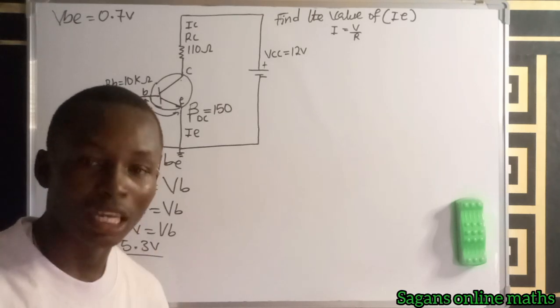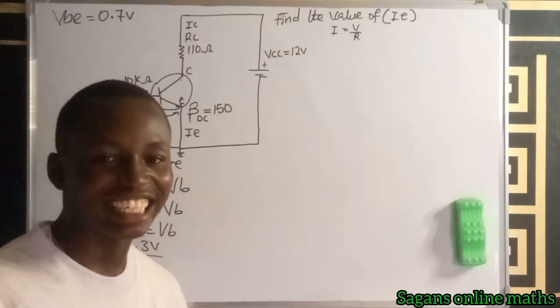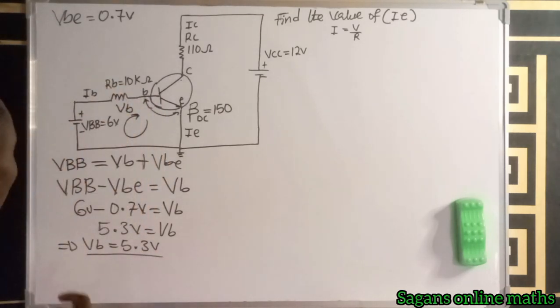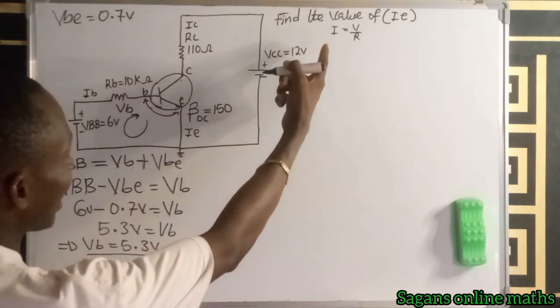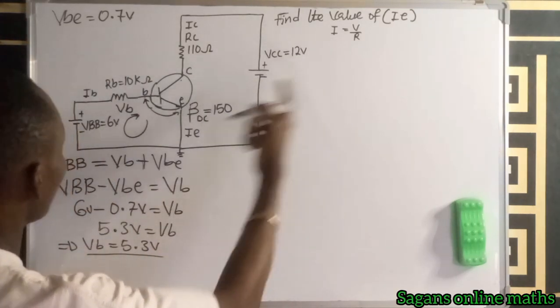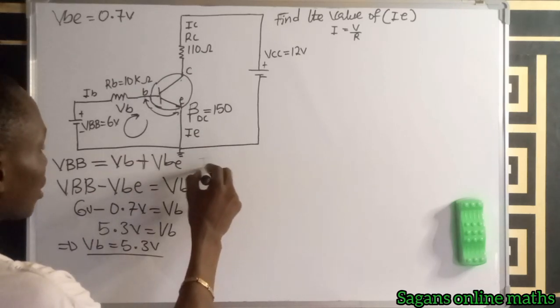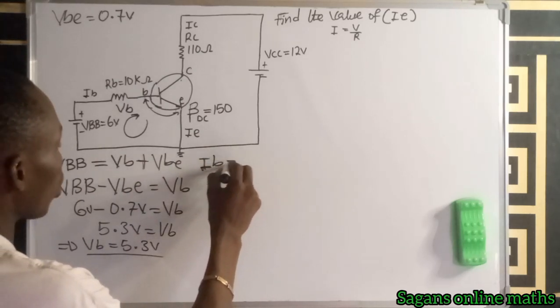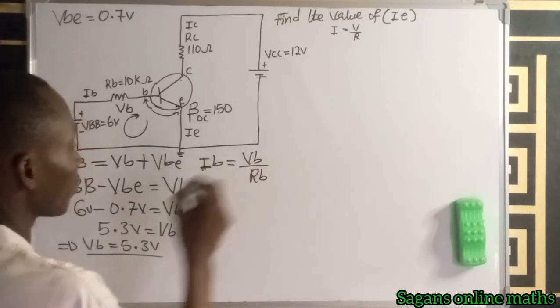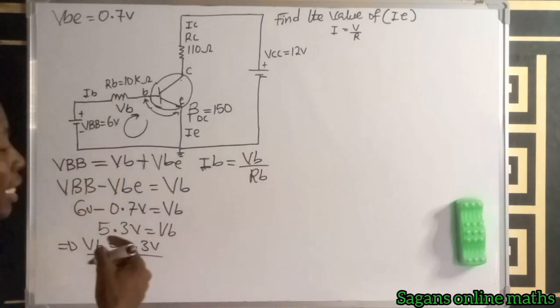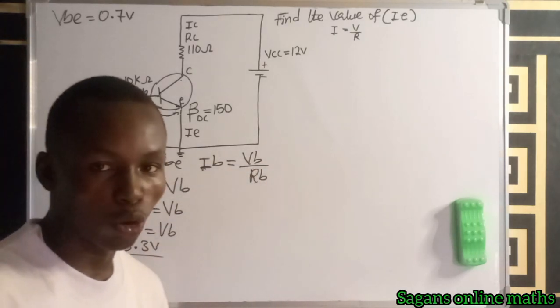Remember that IE simply means emitter current, right? Now, how are we going to know our IB? From Ohm's law, I is equal to V over R. It means that our IB will be equal to VB divided by RB, because we're going to know about RB. RB is 10k ohms, right? 10,000 ohms.